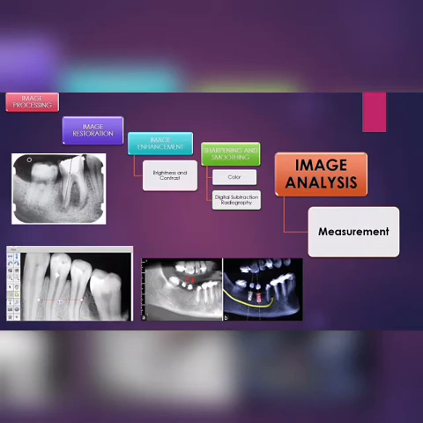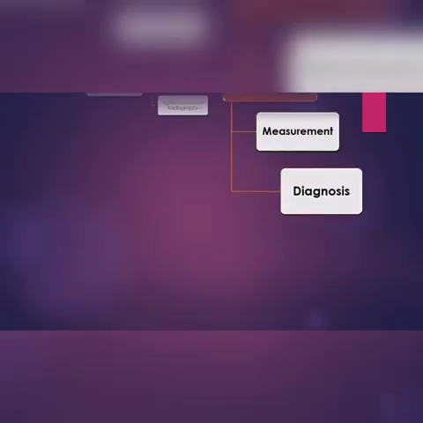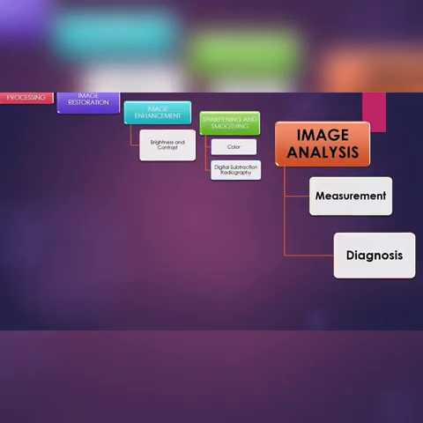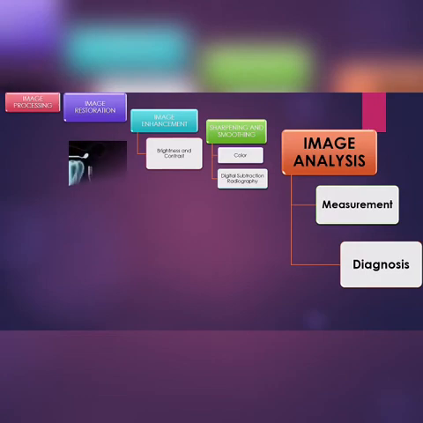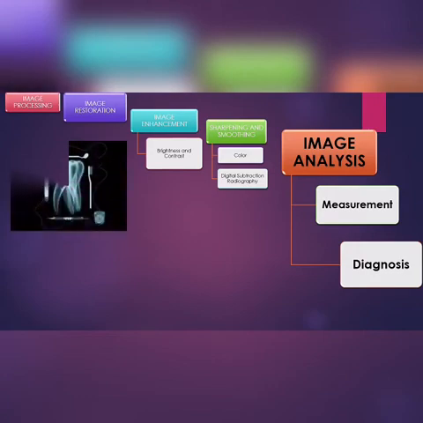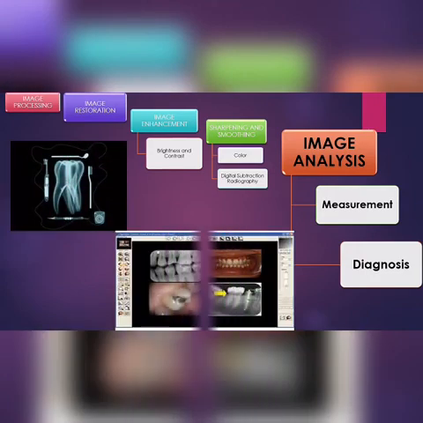So when it comes to the diagnosis, the software systems can also auto detect the image in the early stage of diagnosis. But this becomes complex, and there is research still going on for this auto detection process to enhance the quality of digital radiography.